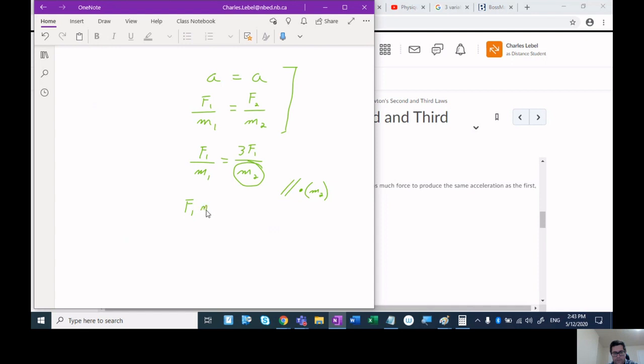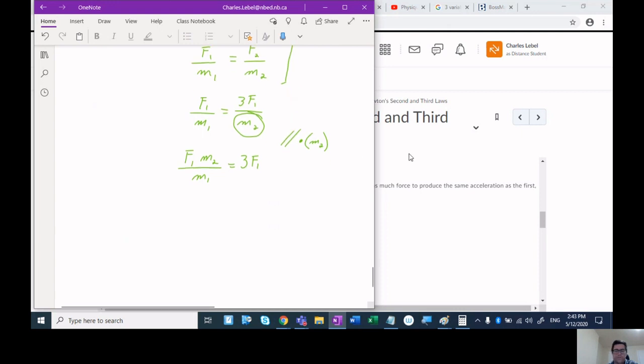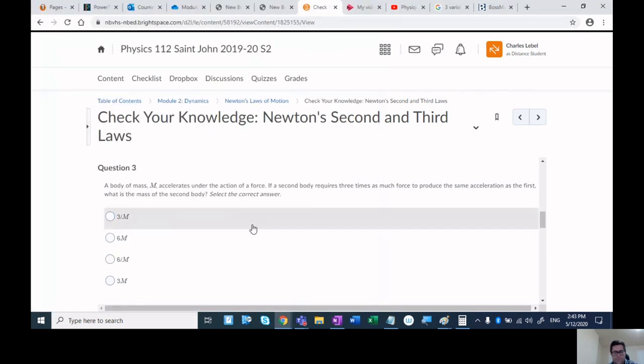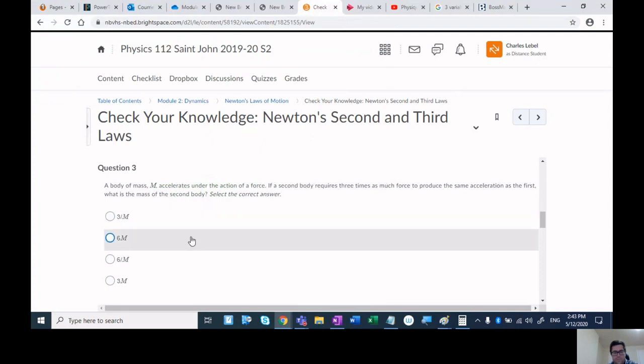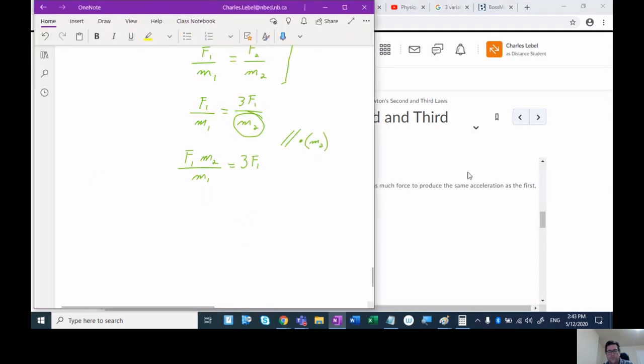So you get F1 M2 over M1 is equal to 3F1, because times by M2 divided by M2 cancel out. You would also need at this point to divide by 3, but what was the question? Was it to isolate F1 or to isolate M2? If a second body requires 3 times the force, what is the mass of the second body? So M2.